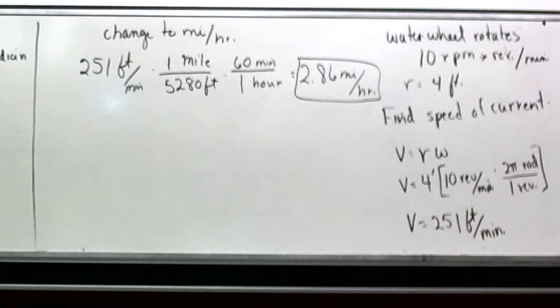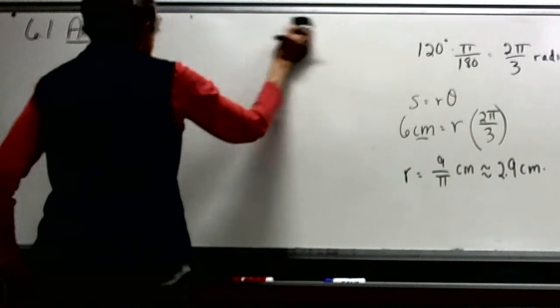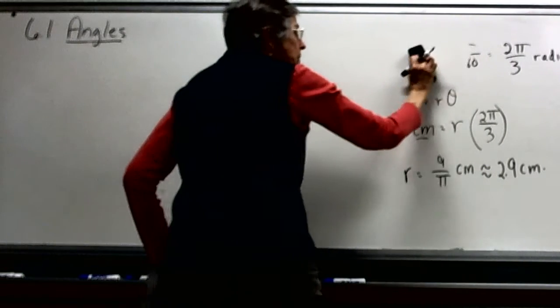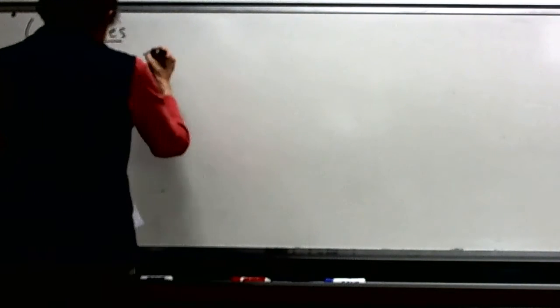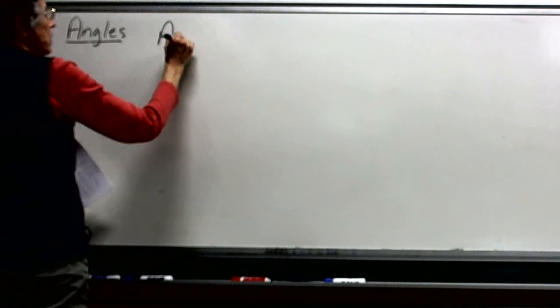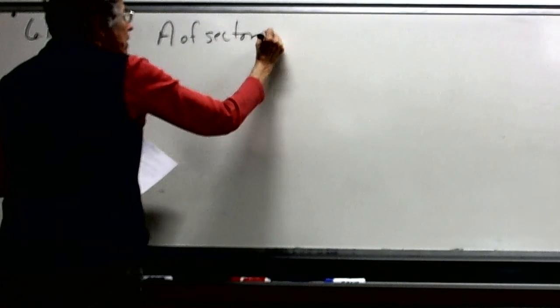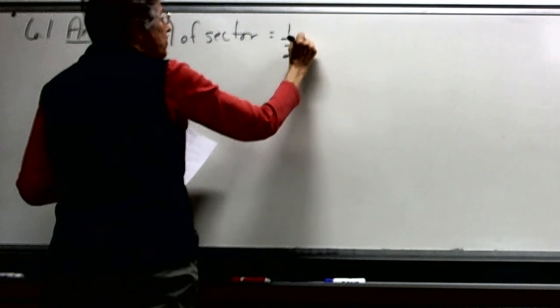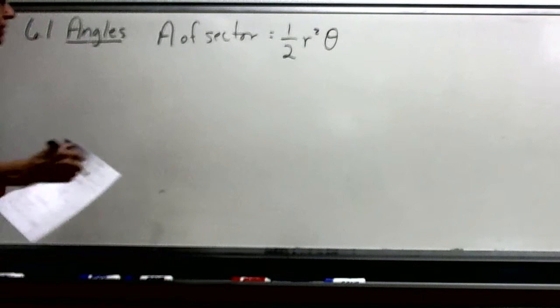And we have two options for solving this sort of problem. One is to use a new formula, the area of a sector equals 1/2 r squared times theta, where again theta is in radians.